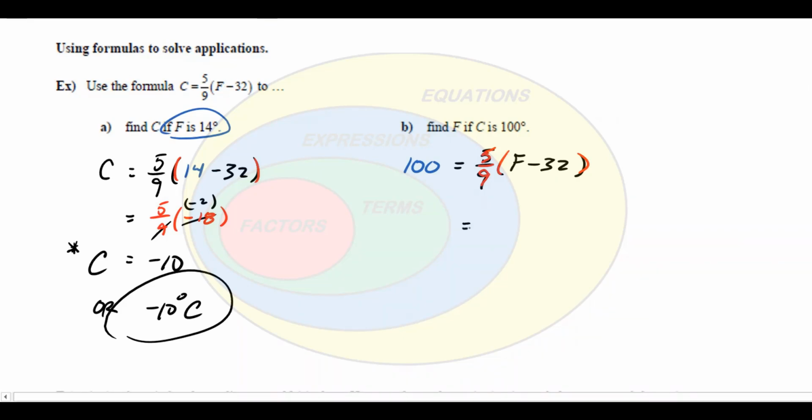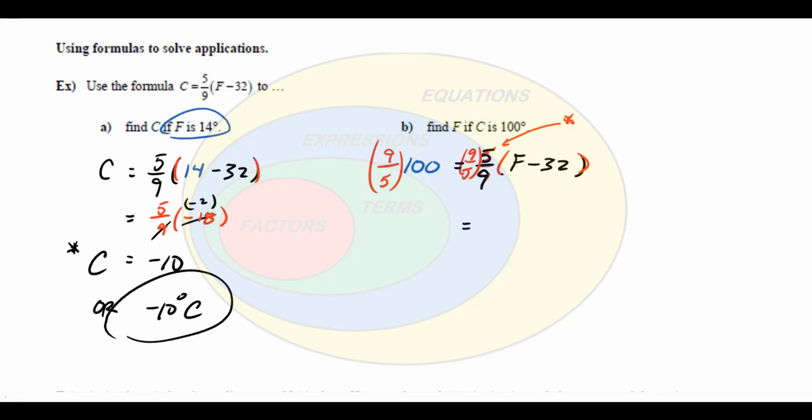Could I just get rid of the factor of 5/9 first? I can do that if I multiply the right side by 9/5. Therefore, I'd have to multiply the left side by 9/5.